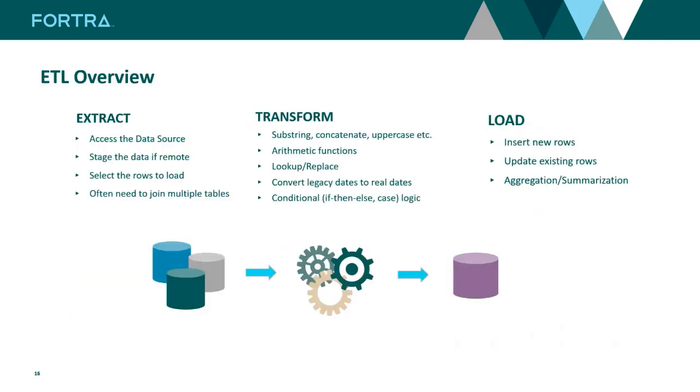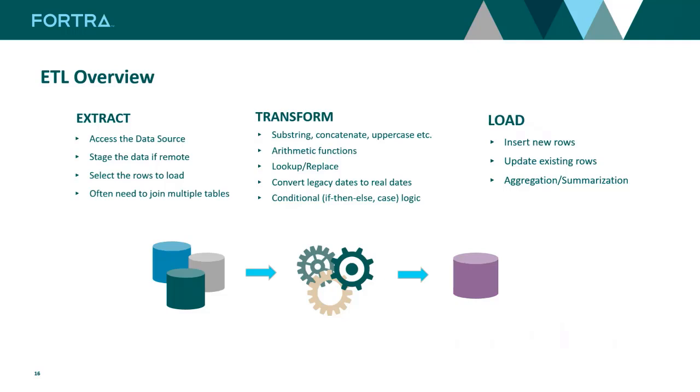Let's move on to the ETL process. ETL is the acronym for extract, transform, and load. In the extract step, we access the data sources, performing any required joins and selecting the data to be loaded. The transform process is where the magic happens, transforming the often ugly raw data source into the format you want it to have.